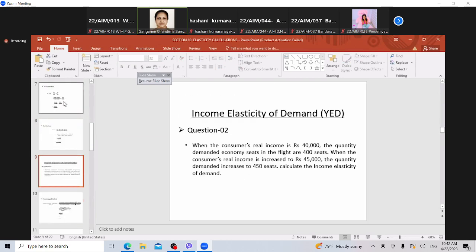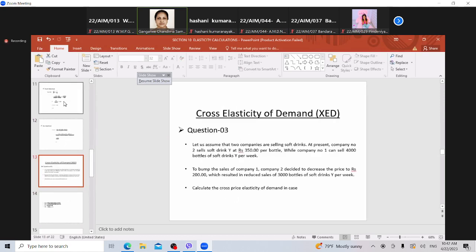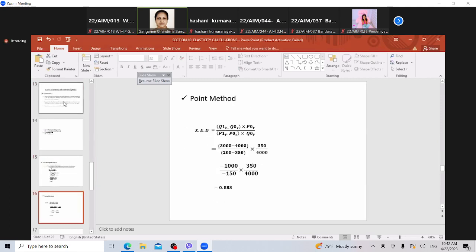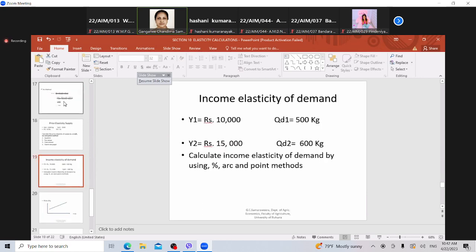These three methods you learned: income elasticity of demand, three methods you calculated, and cross elasticity of demand by using these three methods you have calculated. Apart from that, simple calculations you have done: price elasticity of supply by using three methods, and income elasticity of demand by using these three methods. At least you know the procedure now.